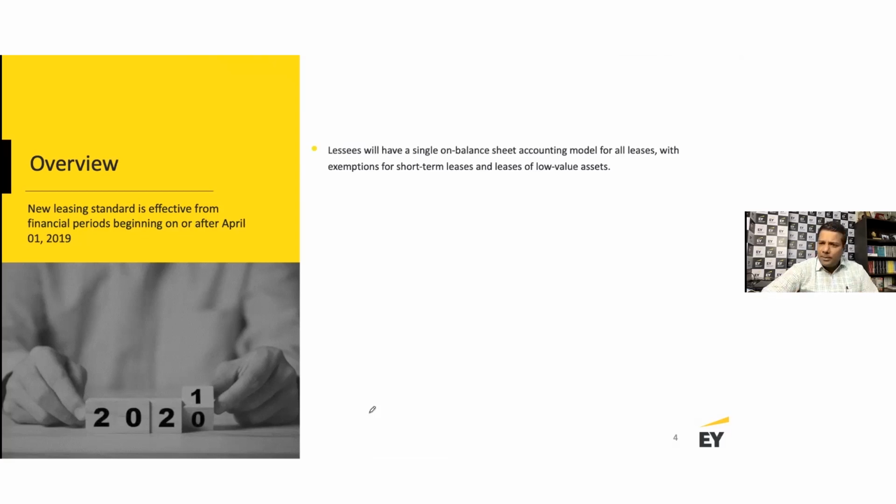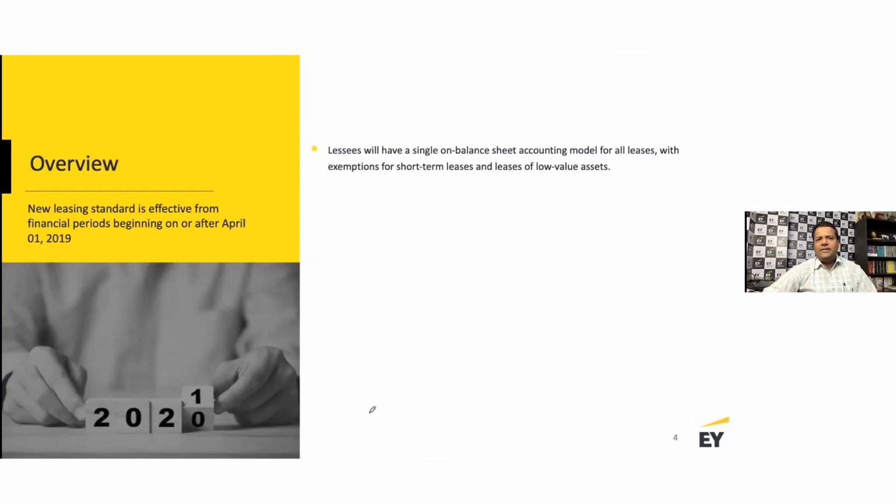Of course, Indian companies have already applied this in their first reporting for March 2020. Any company which is required to follow Ind AS has already applied Ind AS 116, which is effective from April 1, 2019. So what are the broad principles of the standard, right?